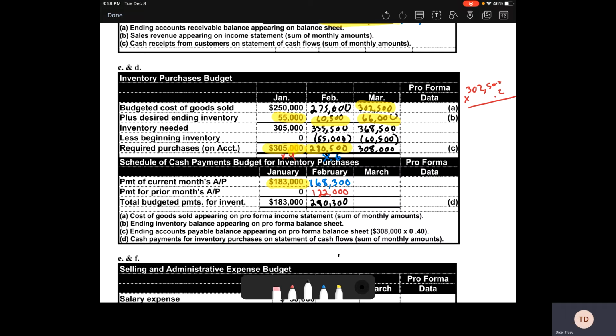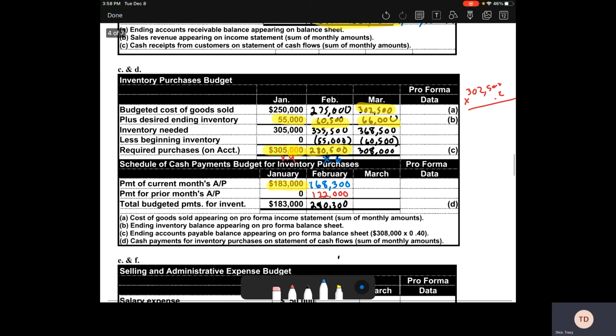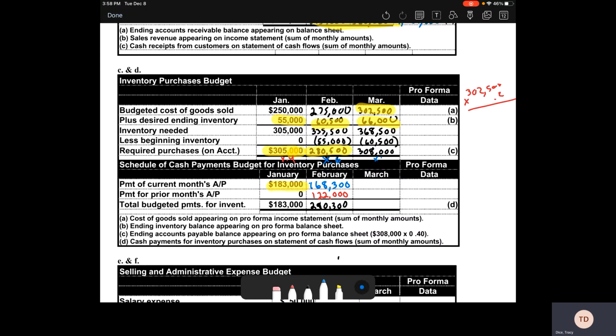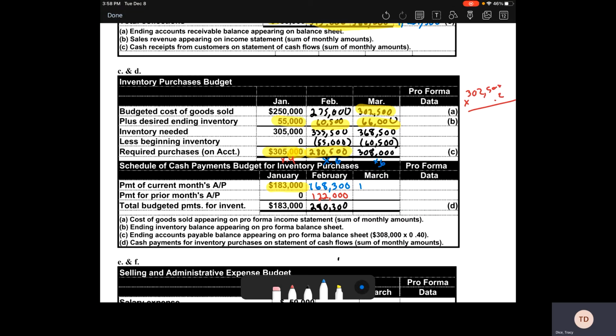Then for the month of March, we need to take our March purchases on account times 0.6. Which then gives me 184,800. And we have to add that to times 0.4 from February.